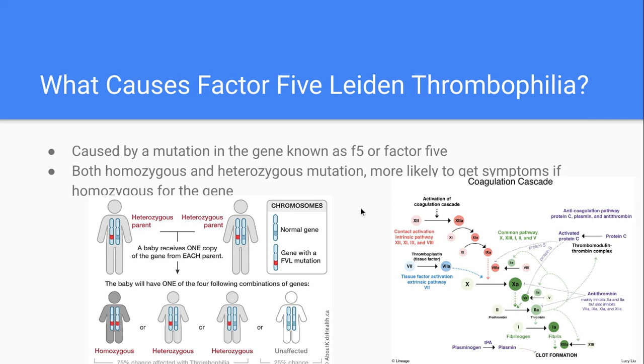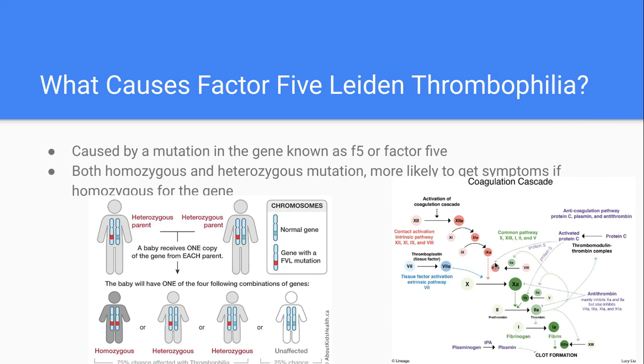And here on the right side is an image of what this whole process of clotting is like. So factor 5 would be around here in the middle, lower area. And coagulation factor 5 also works hand in hand with another protein called activated protein C, or APC for short.